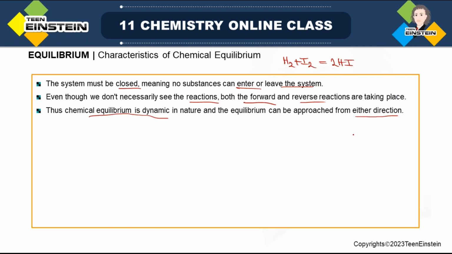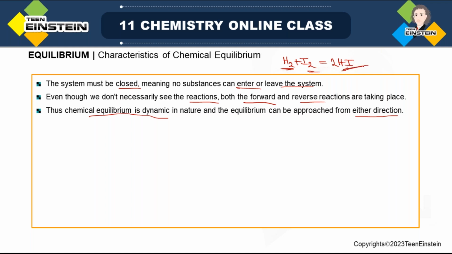As we have forward reaction and reverse reaction both occurring at the same rate, we can approach the equilibrium starting from either H2 and I2 or from HI. Just for example, take this reaction. You can start from hydrogen and iodine mixture and reach the equilibrium, and when you have reached the equilibrium, there is a specific concentration of HI, H2 and I2.